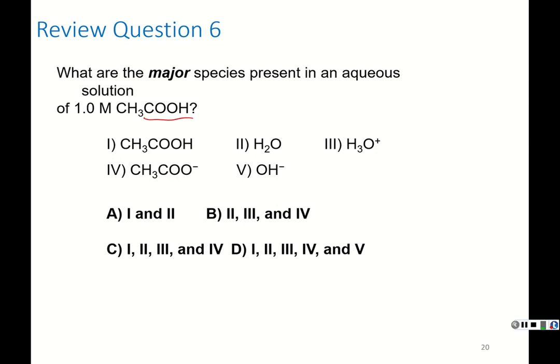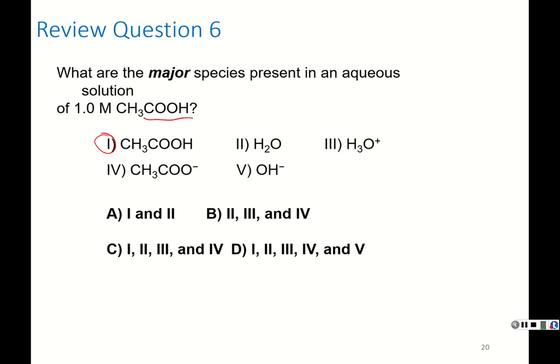So remember, weak acids don't dissociate very much at all. So we can consider if we have a 1 molar solution concentration of this acetic acid, we're not going to have much of it dissociated, so that's going to be present in about 1 molar concentration.